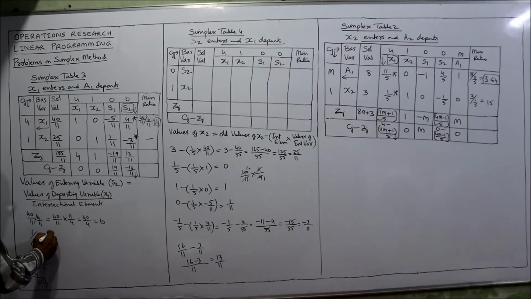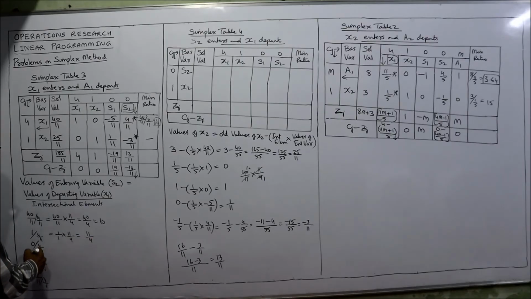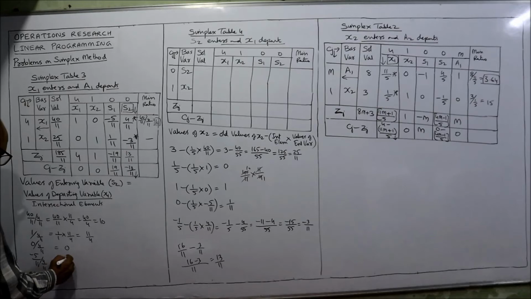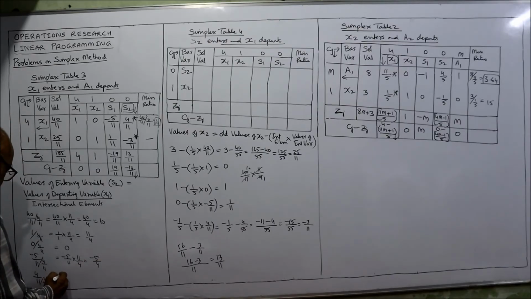Then 1 divided by 4 by 11 is 1 into 11 by 4, that is equal to 11 by 4. 0 divided by 4 by 11 is 0. Minus 5 by 11 into 11 by 4 is minus 5 by 4. Last one, 4 by 11 divided by 4 by 11 is 1.